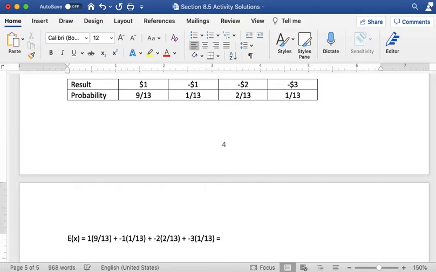So we have 9/13 minus 1/13 minus 4/13 minus 3/13, which is a total of 1/13, or a positive expected value of that 7.7 cents.